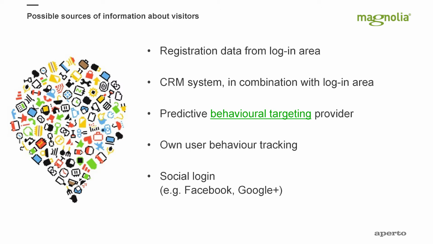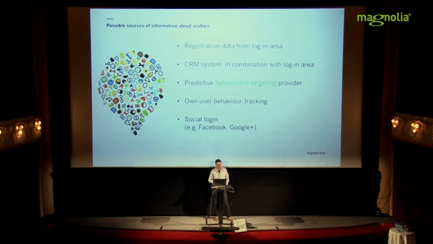This could be a login area, simply where users fill in a user profile, and every field they fill in there may become valuable for you in personalization use cases. You could have a customer relationship management system somewhere, and you could combine it with your login area, so you've got your back office information about the visitor.